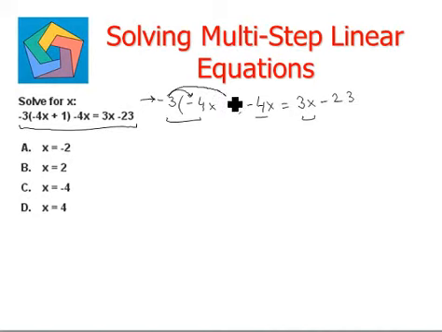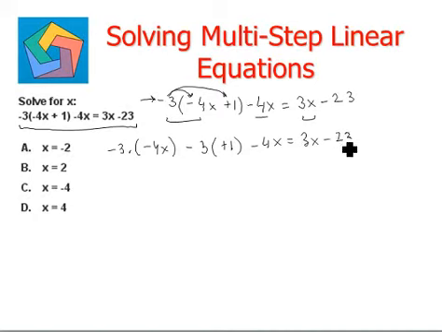Negative 3 is distributed to both negative 4x and positive 1. Minus 4x equals 3x minus 23. In the first step we multiplied negative 3 with negative 4x and then negative 3 with positive 1.